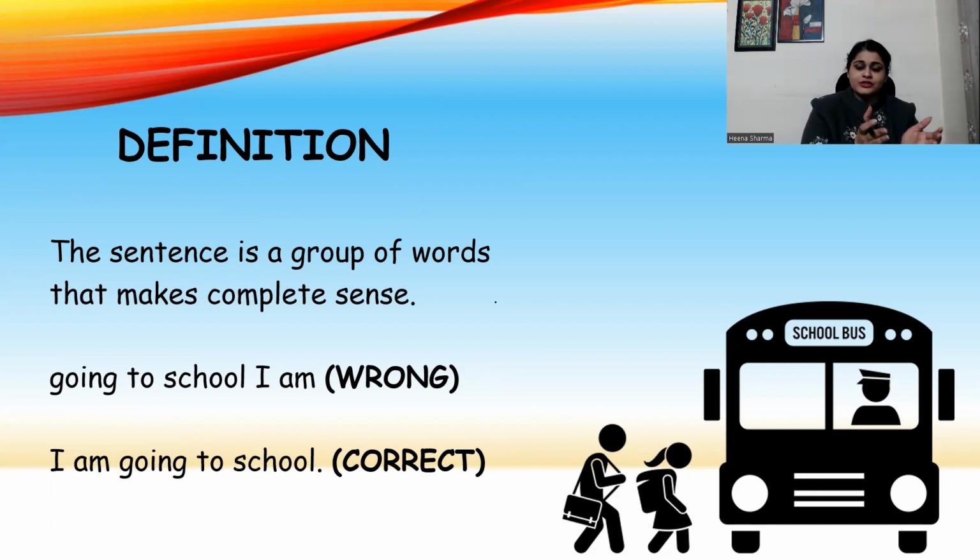It should be structured so nicely, so systematically that it gives you some meaningful sense. So, if I say, for example, "going to school I am," do you think it gives you any meaning? No, it doesn't. But if I say "I'm going to school," yes, it is giving you a complete sense.